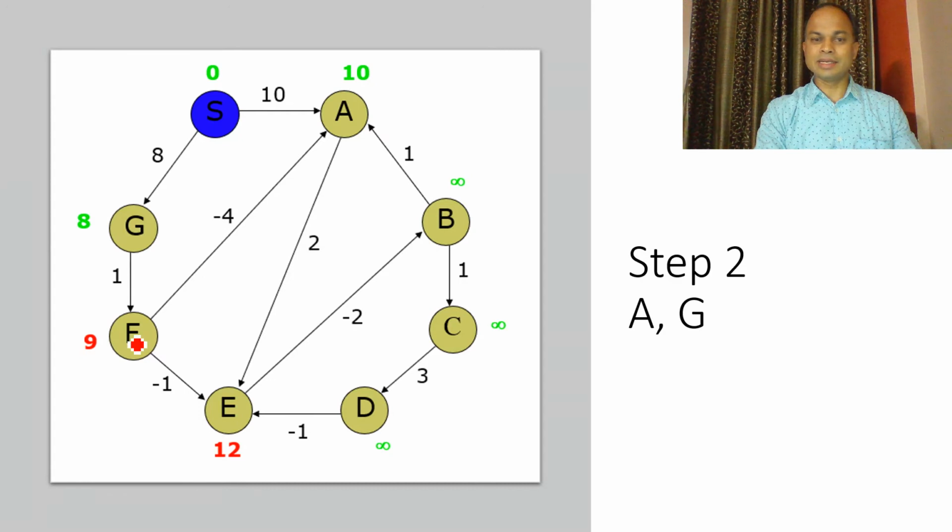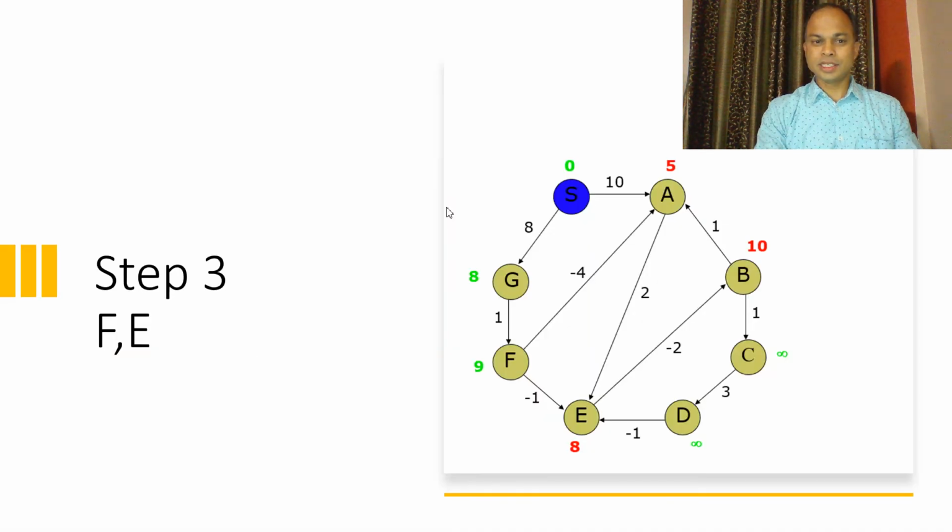And similarly here F to E, 9 minus 1, distance will be 8. And similarly E to B, distance will be 12 minus 2. This will be 10. In step 3, we have mentioned this value is 8, this is 5, this is 10.